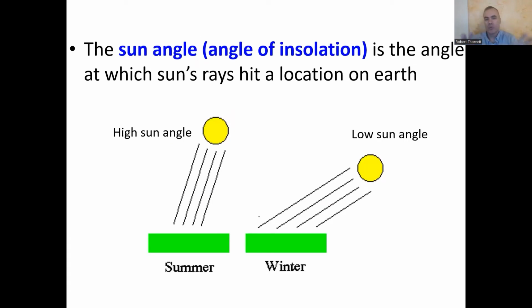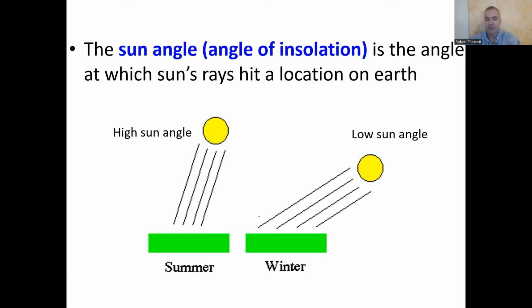So one of the most important things to understand about what creates our temperature differences around the world is the sun angle, also known as the angle of insolation, the angle at which the rays from the sun hit a particular place on Earth. So it could be changing from season to season, just where you live.